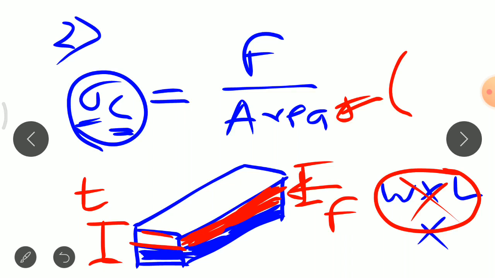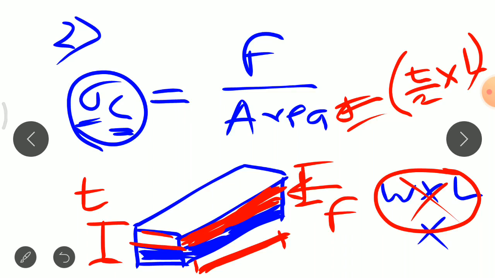So the area is t by 2, that is half section, and the length of key L, that is the resisting area for crushing, and it becomes L into t by 2.